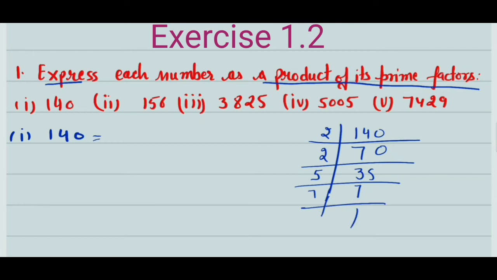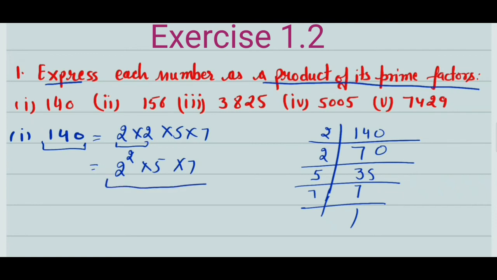So I can write this 140 as 2 into 2 into 5 into 7. So this is equal to 2 square into 5 into 7. So I have written 140 as the product of its prime factors 2, 5 and 7.